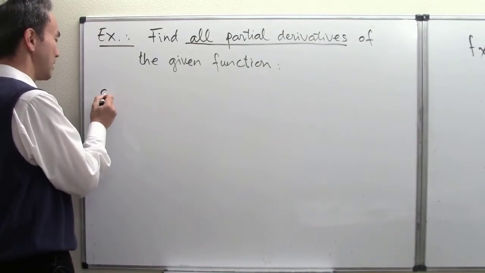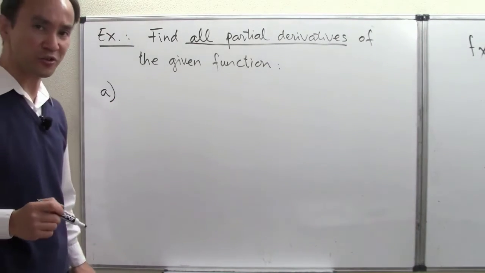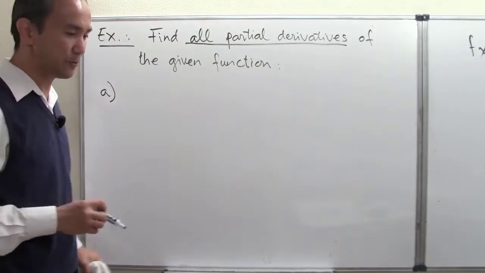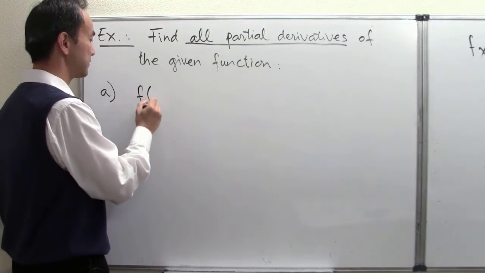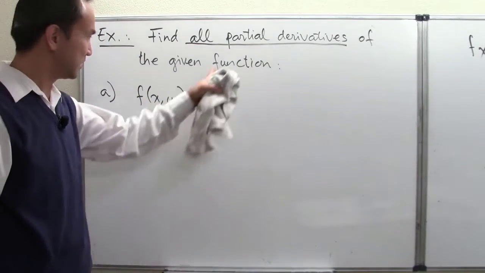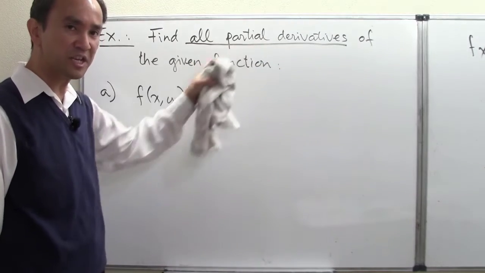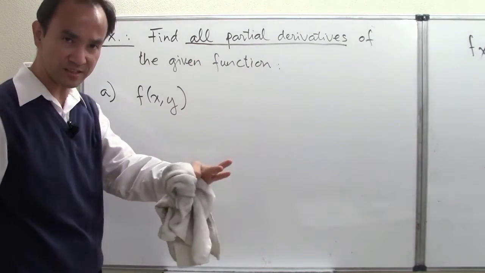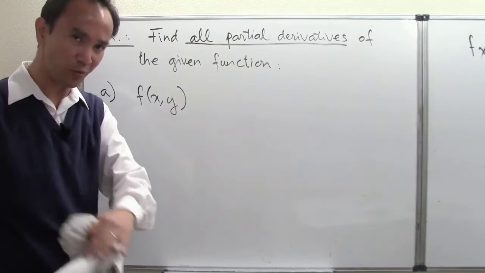I'm going to introduce two functions. One given function I introduce as part A of this example: f of x comma y is a function of two variables for now. Finding all partial derivatives means that I am expecting in part A, f sub x and f sub y.